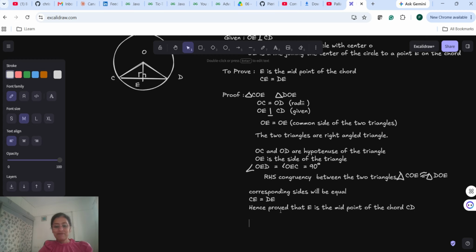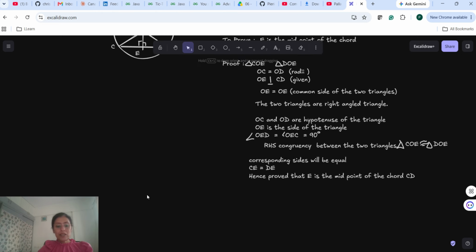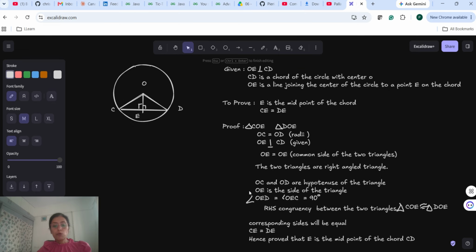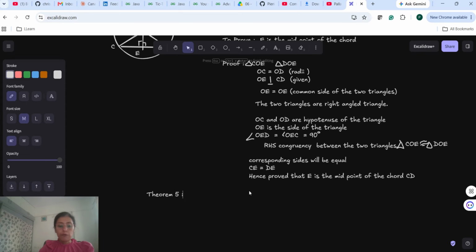Done? So now if we try to write the theorem, how will we write this? This will be theorem number, what was the last one? 4. So this will be theorem 5.